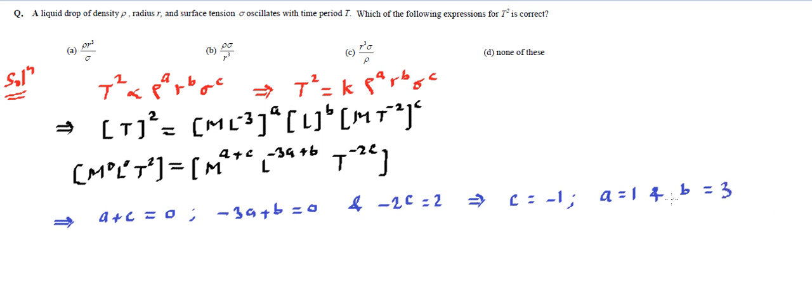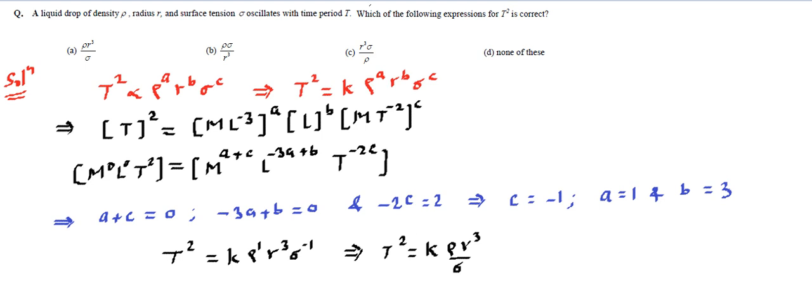Once we know a, b and c, we can write the final expression of T square. T square is equal to k, the dimensionless constant, times rho, the density, raised to power 1, then r, the radius, raised to power b, which is 3, and sigma raised to power c, which is minus 1. So T square is equal to k times r cube into rho upon surface tension sigma.